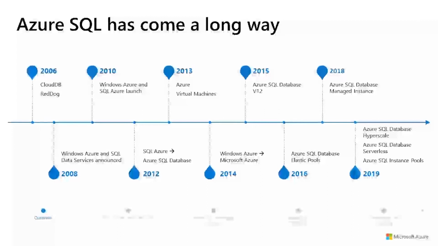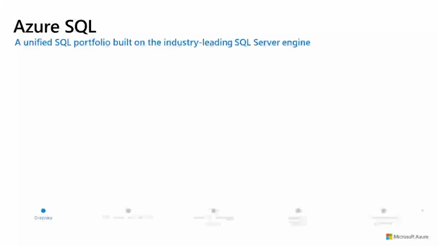And we've really come a long way to include virtual machines, managed instances, and, as you see in the past few years, several options for Azure SQL Database. And there's one more thing that we've done in 2020. I guess I should really add a new bullet to this timeline. We launched this new branding effort of Azure SQL.